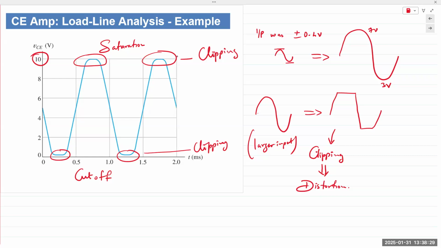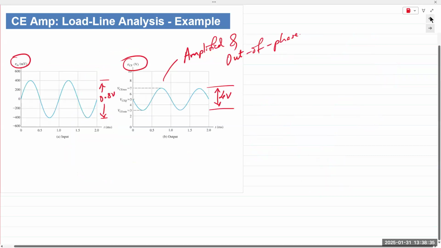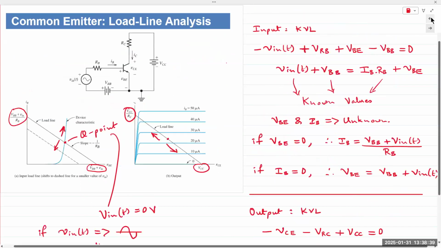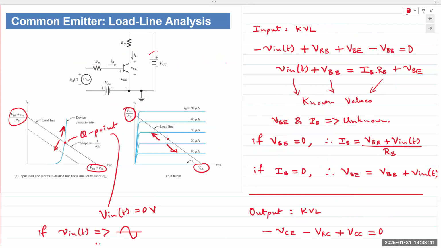The second occurs due to a poorly designed biasing circuit. And that means, going back to the circuit diagram right here, this is chosen by designers. The values for RB, RC, VCC, and VBB are chosen by the circuit designers.